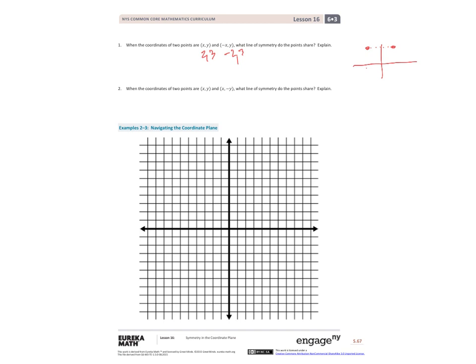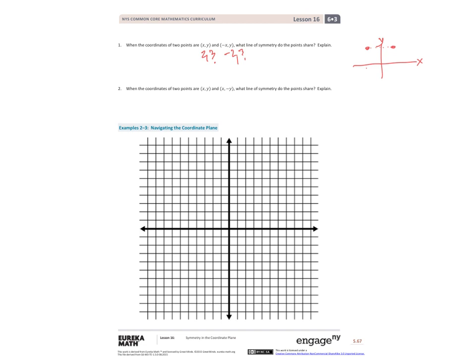Well, I will be darned. I am looking back. So this is my x, this is my y. They have the same y coordinate, right? That's the 3. The y coordinates are the same.